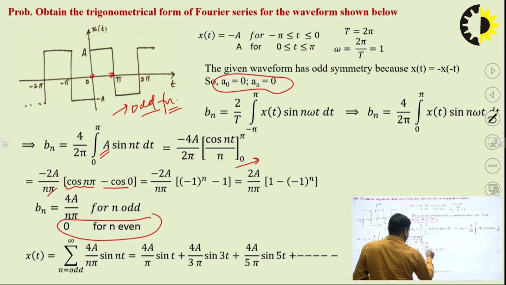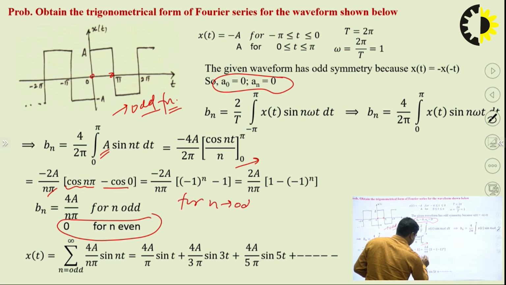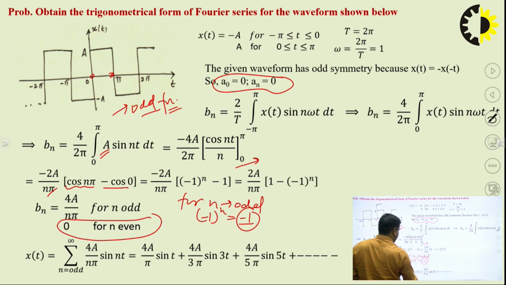So (-1) to the power n: if n is even it becomes 1, and 1 minus 1 becomes 0, so the value of bn becomes 0. For n odd, (-1) to the power n becomes -1, and -1 minus 1 becomes -2, and -2 into -2 becomes 4, so it becomes 4A upon n pi.